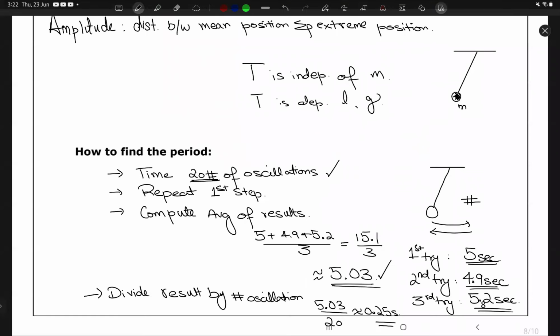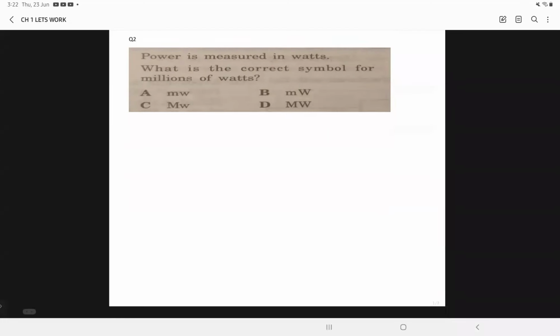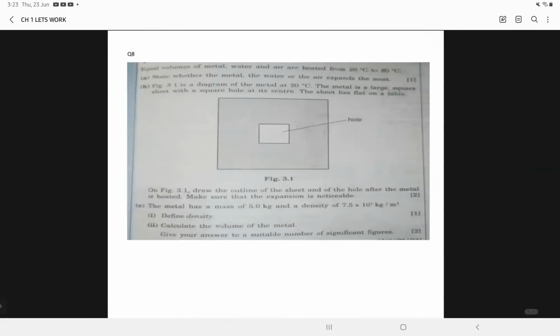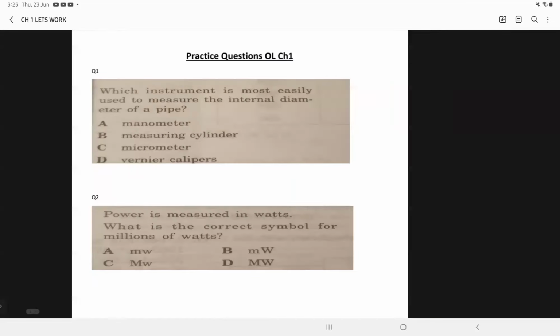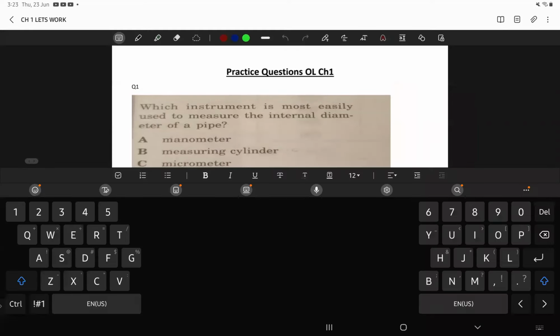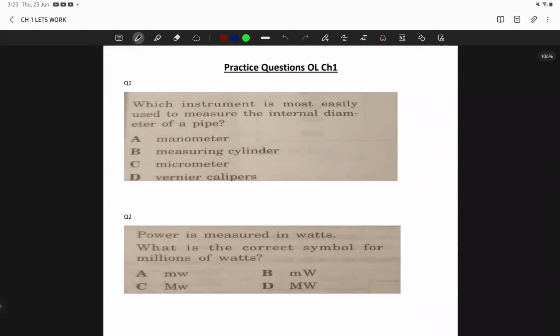Let me see if I have any one of them prepared at this point. Okay, so this one is just a very basic one. So we can do this and then maybe start the next chapter tomorrow. Okay, so this is a very basic topic, and the questions from this topic are also very basic.